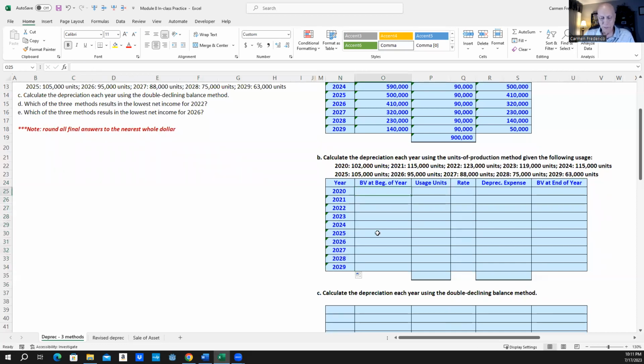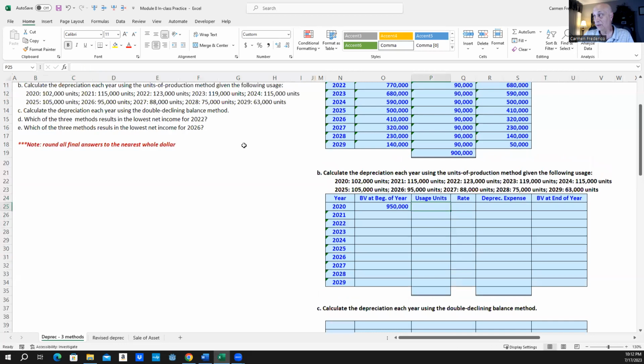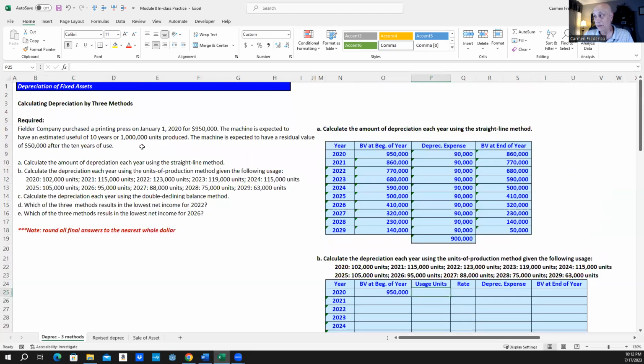Okay. So what's our beginning book value? Again, it's $950,000. Day one, it's what we capitalized. $950,000 worth of cost on our books. What is the usage in units? Of course, we don't know this ahead of time, but we know what projected units are. The projected units are 1 million units.